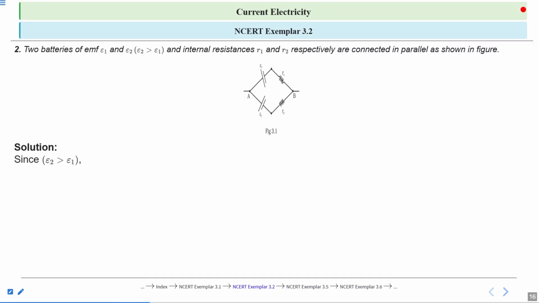Since epsilon 2 is greater than epsilon 1, the ratio of epsilon 2 upon epsilon 1 will be greater than 1. So their ratio will be greater than 1. So in epsilon 2 upon epsilon 1 R1 plus R2, since epsilon 2 upon epsilon 1 is greater than 1, this whole term will be greater than R1 plus R2.